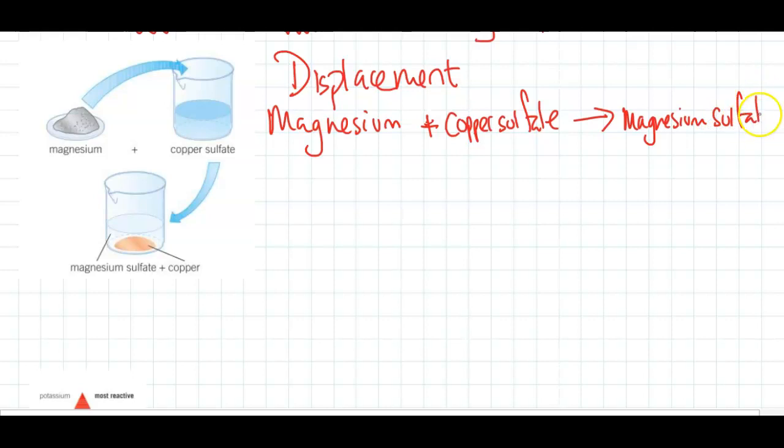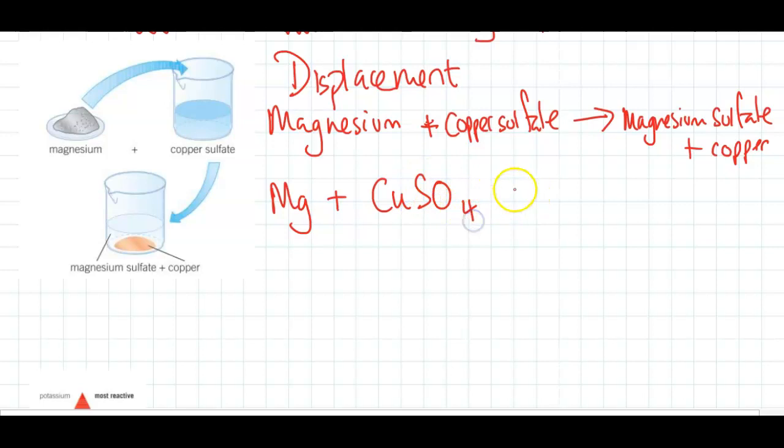The metals have swapped places. The magnesium has reacted with the copper sulfate to make magnesium sulfate plus copper. This tells me that magnesium metal is more reactive than copper.